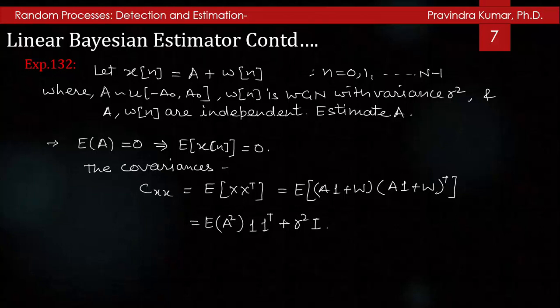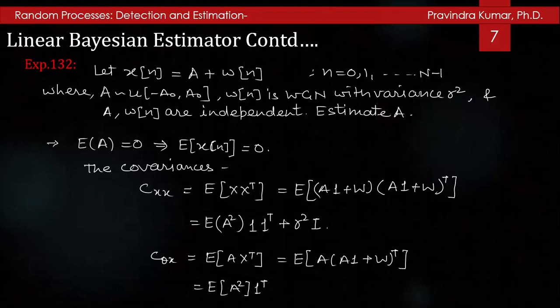The cross covariance C theta X is the expected value of A x transpose, which is the expected value of A times the transpose of (A 1 plus omega), and it equals the expected value of A squared times 1 transpose. And you know here 1 is the N by 1 vector of all ones.